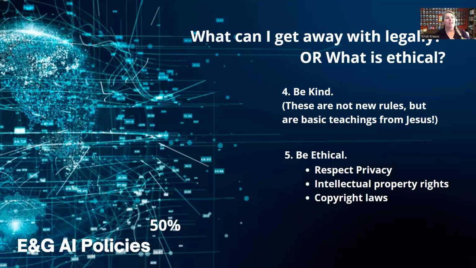It's the same with a famous actor. You can't say, I think I'll have this famous actor in my VBS. You could find pictures, and you could even use their voice, but that breaks copyright laws internationally to use somebody's voice without their permission. So we're going to be ethical and not do that.